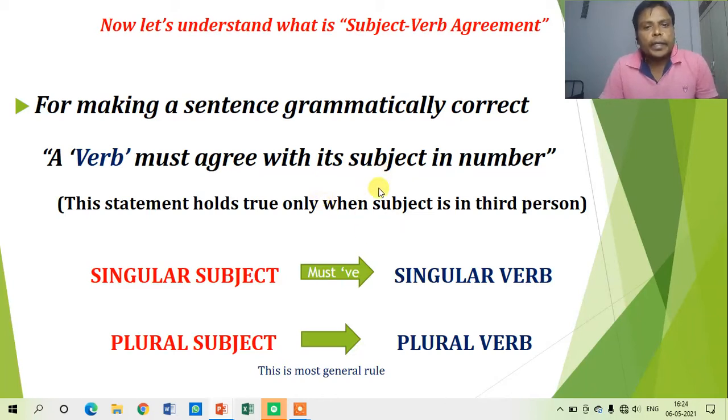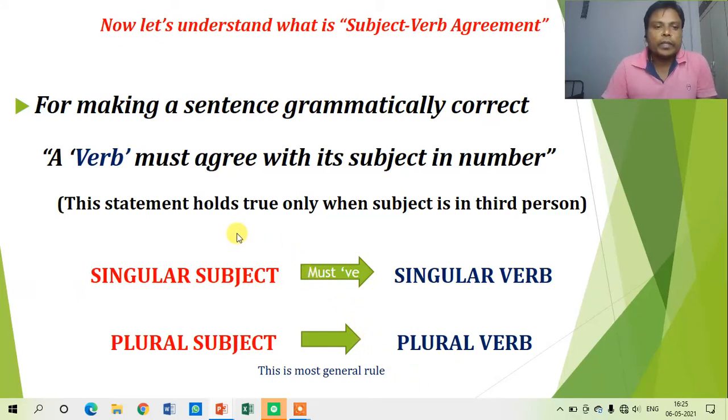What is the agreement? Whenever there is a singular subject, the singular verb must be there. In the same way, when there is a plural subject, it must have a plural verb. Again, let us repeat: when the subject is singular, it must have the singular verb, and when the subject is plural, it must have a plural verb. This is the most general rule in subject verb agreement.